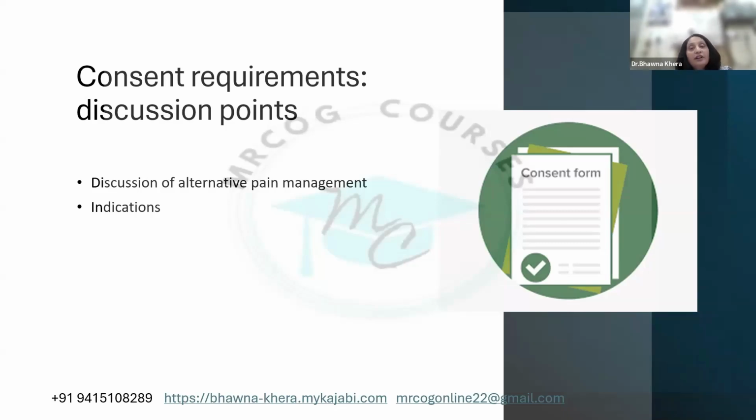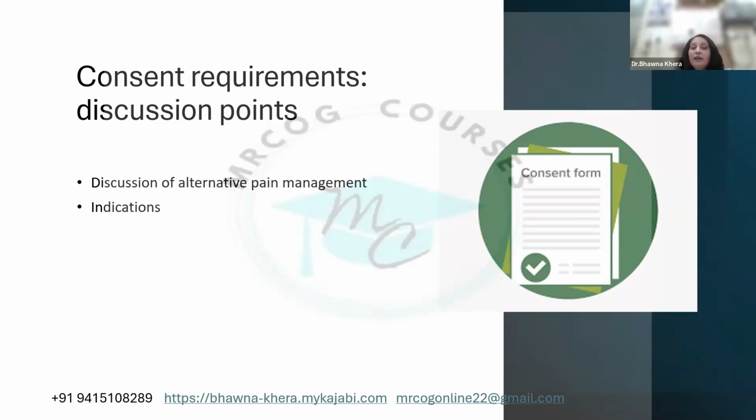But whenever we are taking the patient for the hysteroscopy, we should always give her the alternatives also, because she might be anxious about doing this on an outpatient basis without anesthesia, and she may choose to have some other mode, like general anesthesia, or she may require cervical anesthesia.